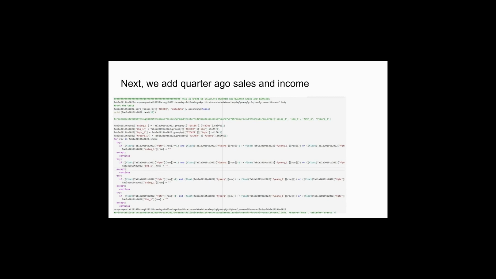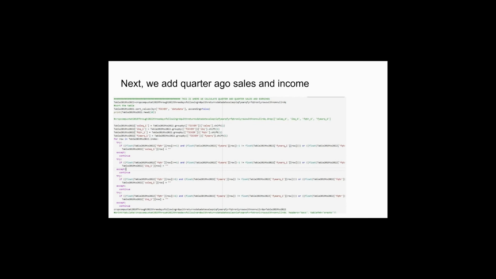we do this check. Now, if it's in the second quarter, third quarter, or fourth quarter, then 1 quarter ago is going to be the same year, but just quarter 1 or quarter 2 or quarter 3, depending. So if it's 2021 quarter 2, then 1 quarter ago would be the same year and just quarter 1.